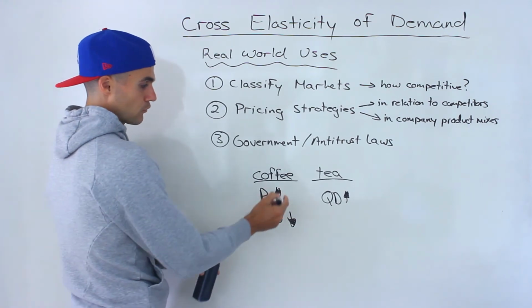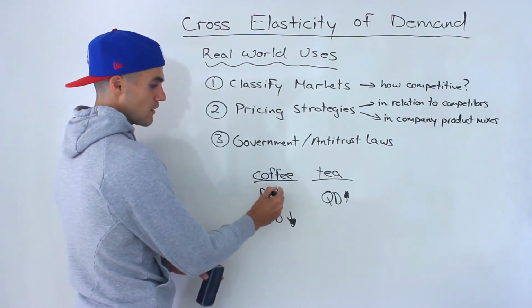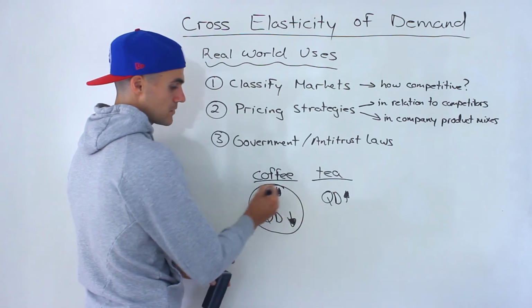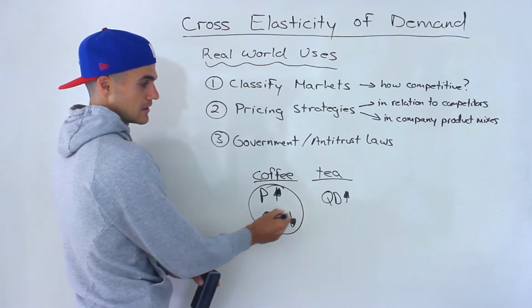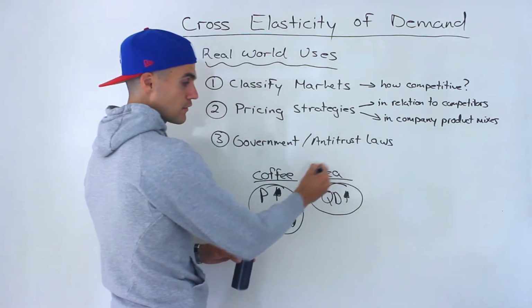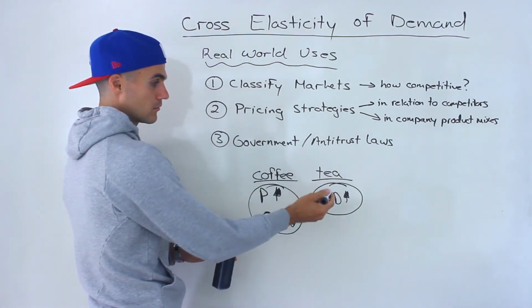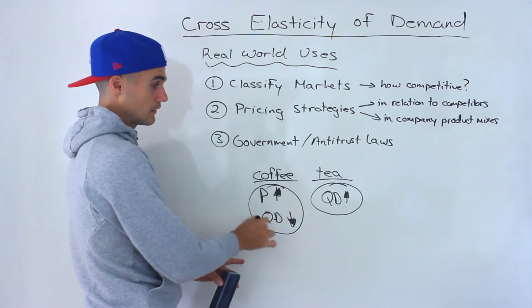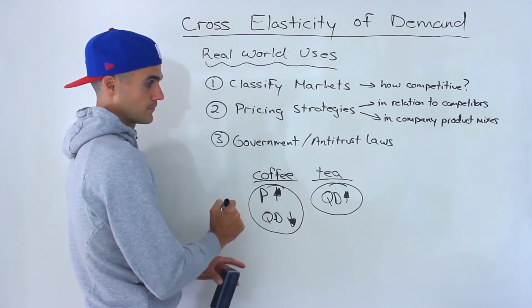Right? So let's say that overall, with an increase in the price of coffee, you may take a loss here because you're selling less, but you're going to be selling more tea, and you may find that the gain over here more than offsets the loss over here.